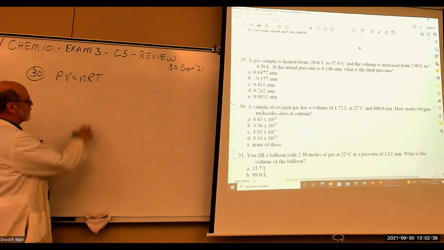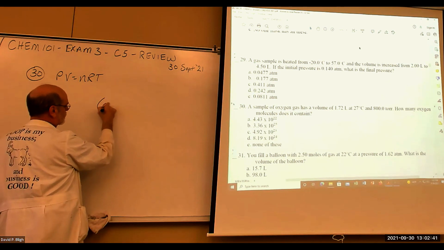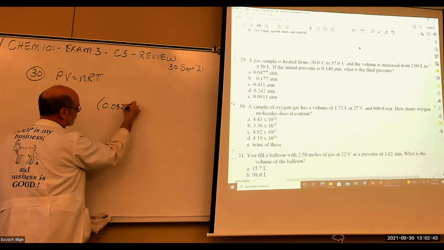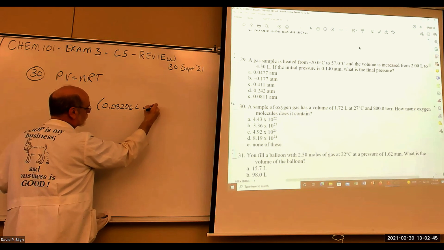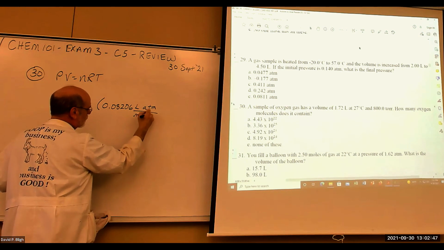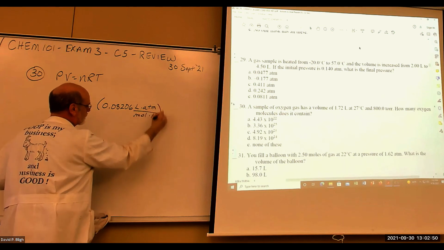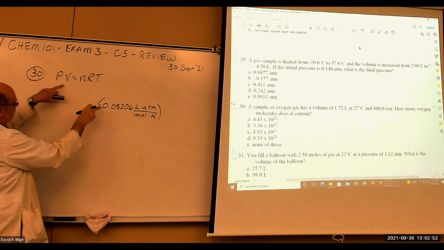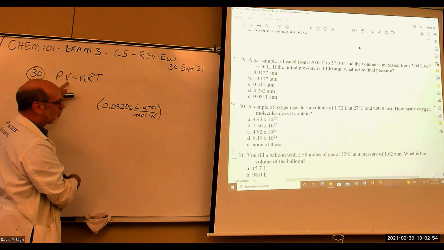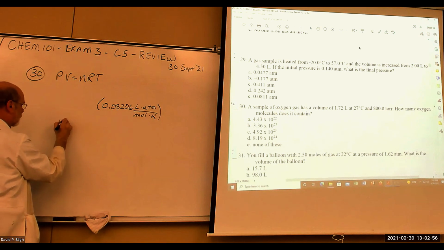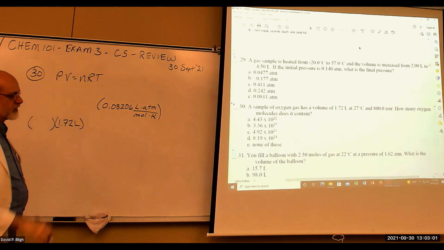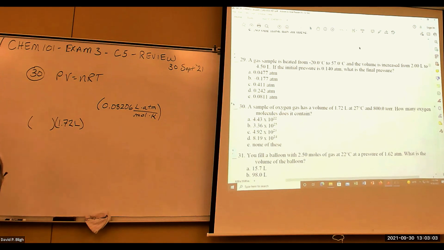And then we have to be sure that our values are correct, right? How do we know our values are correct? Because R is 0.08206 liter atmospheres per mole K. So volume has to be in liters, 1.72, that's good. How about pressure? Pressure is 800 torr. That's not atmospheres. So we need 800 divided by 760.